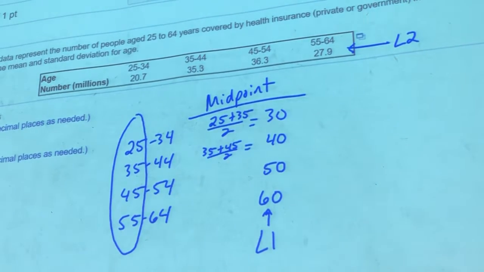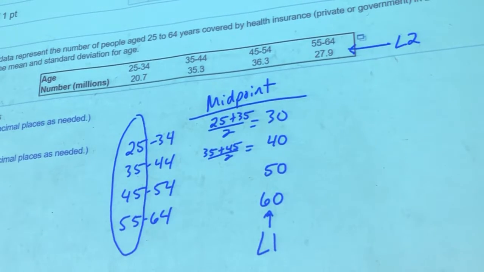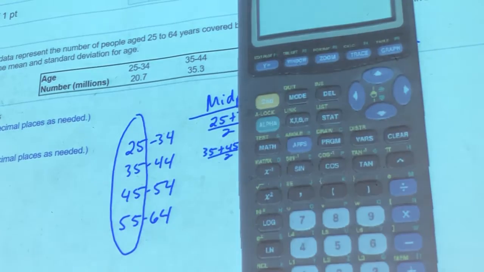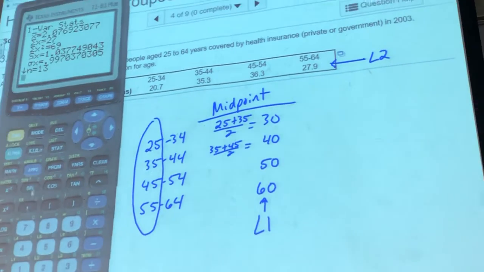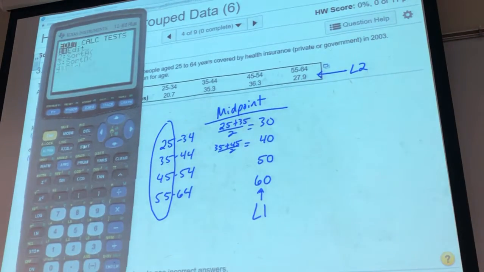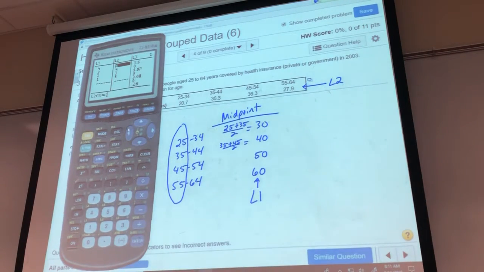You can just put them in as decimals. So L1, I'm going to put all my midpoints.